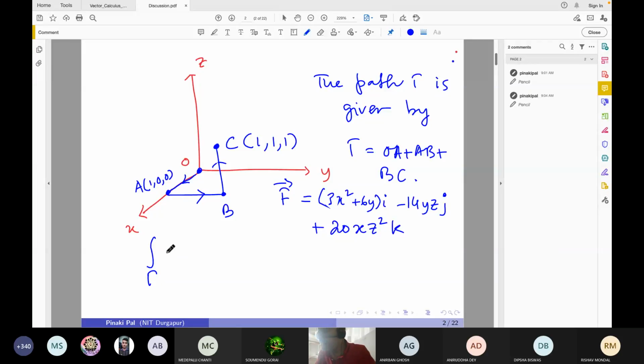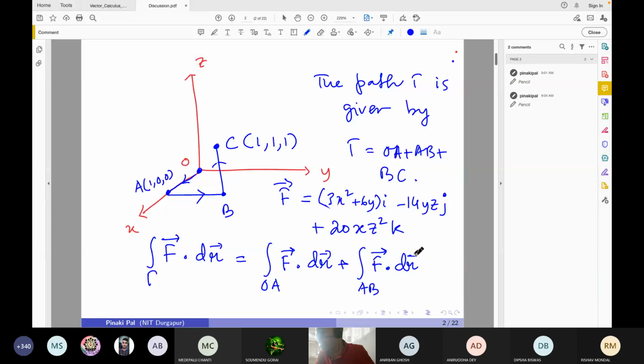Therefore, the line integral over the curve gamma of F dot dr is equal to the integral over OA of F dot dr plus the integral over AB of F dot dr plus the integral over BC of F dot dr. The entire integral can be decomposed into three parts.